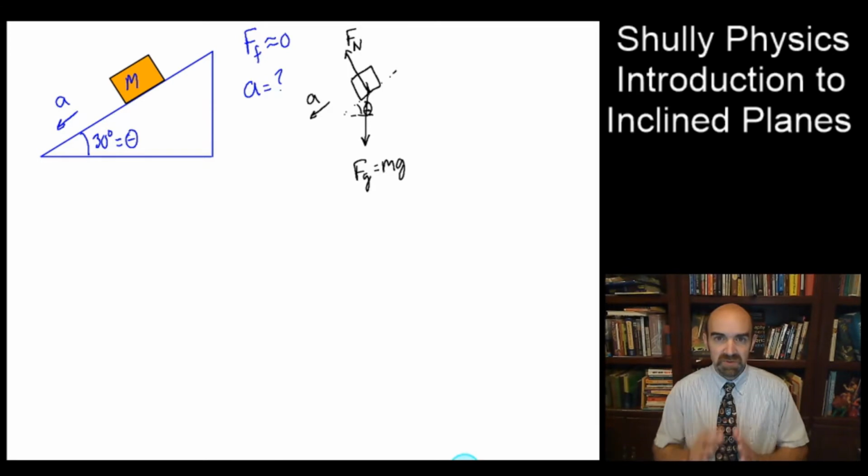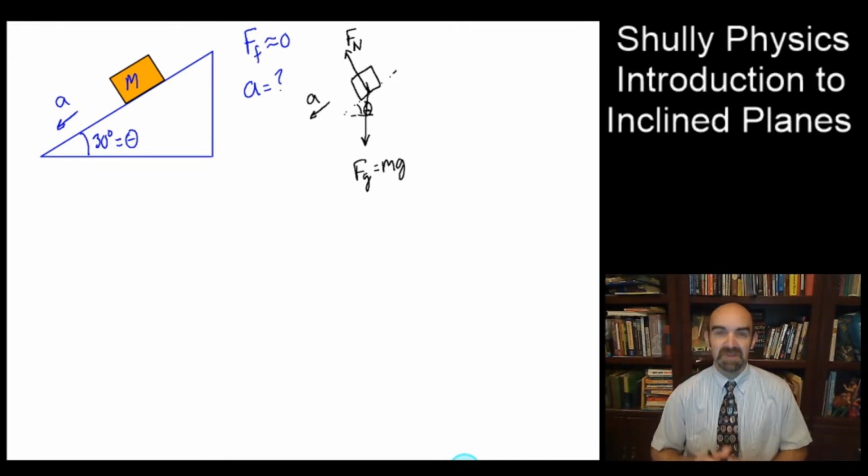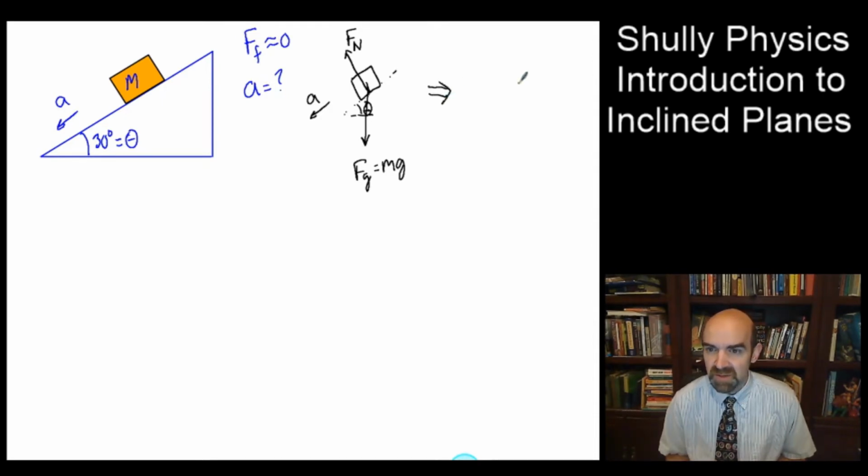So I want you to do something highly technical here. I'd like you to tilt your head just a little bit to the left. Okay, so if you tilt to the left, you're going to see that the normal force is now in the up direction, and the weight is kind of down and to the left. However, what we're doing is transforming this into a scenario where our acceleration will be in the x direction, to the left.